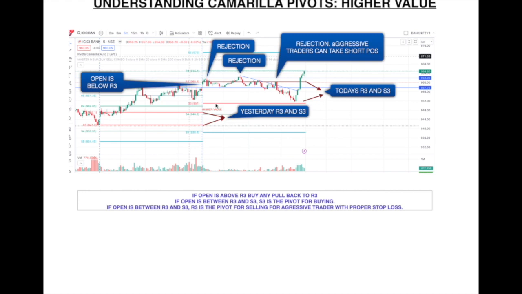However, let us assume the market opens below S4. Then wait for a pullback to S3 and then go for a sell. You can get S4 as well as S5 as the target. So this is the higher value relationship and the conditions which you have to consider before taking a trade.